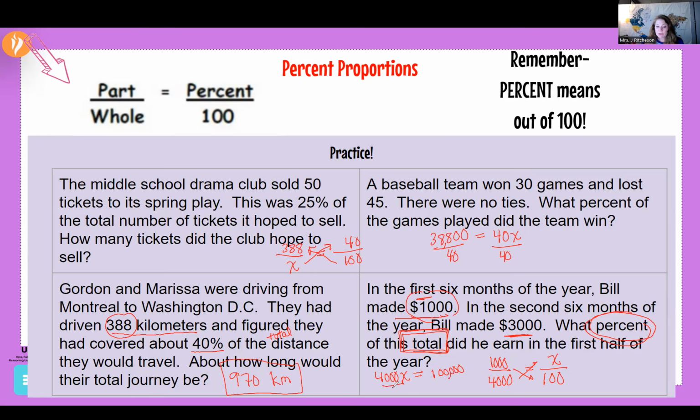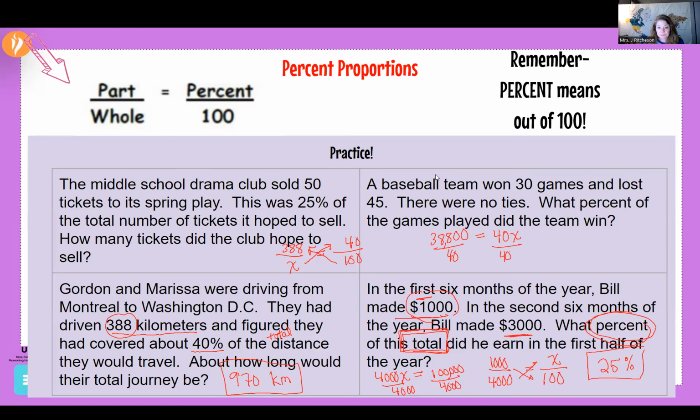And then we divide both sides by 4,000. 100,000 divided by 4,000 is 25. 25 what? 25%. All right, not too bad, right?